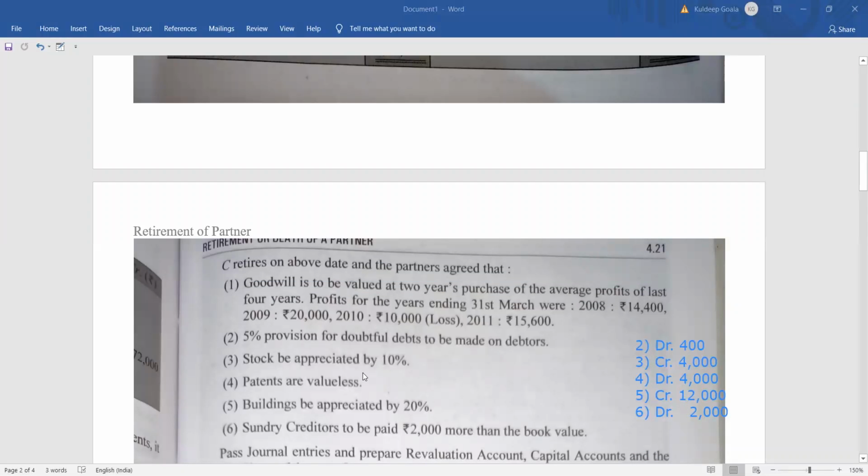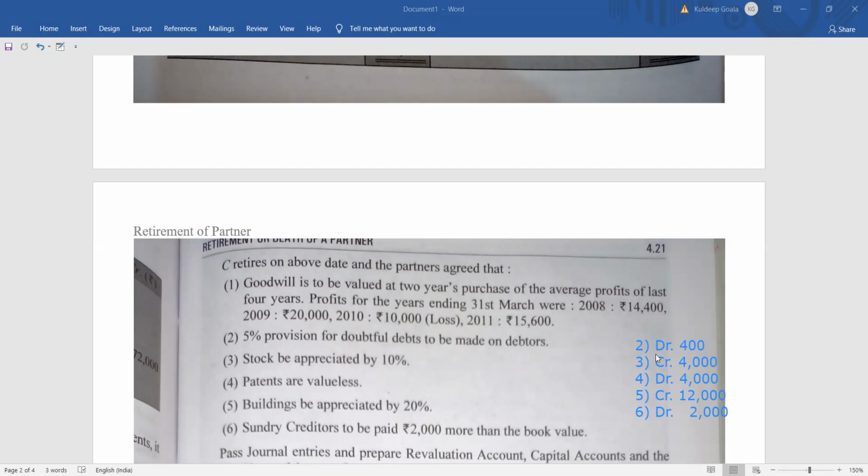The stock was of this value. Provision for doubtful debt debit, then patent debit, then sundry creditor were there, here debit, right? So in 3 cases the debit is there. So revaluation will be debited in the 3 cases, isn't it?